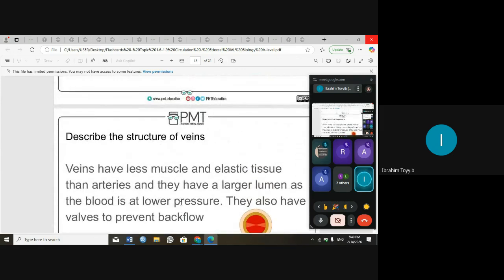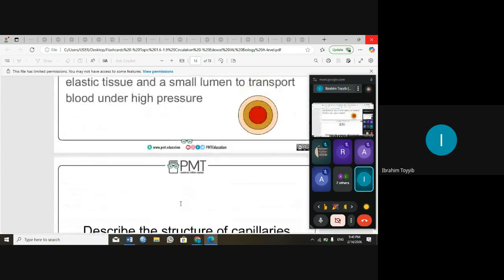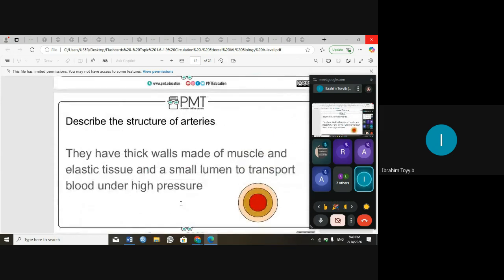Or do you want to go back to it? So this is the structure of the artery.